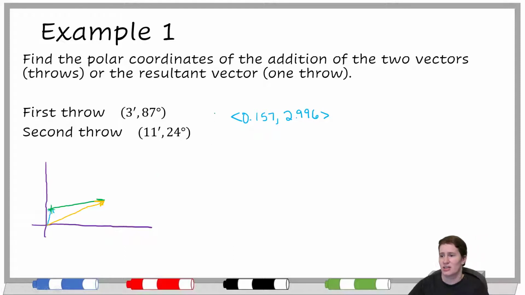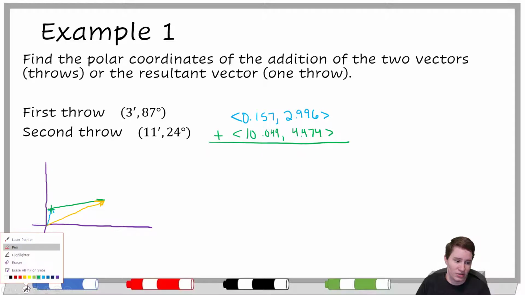So 11 cosine 24, and then 11 sine 24. So that is 10.049 and 4.474. So we're adding these together to get our new and improved resultant vector.